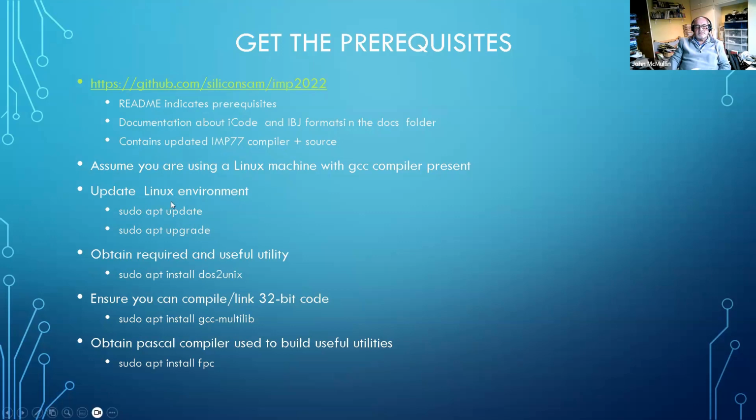If you do that, then you can make sure you update your environments. Also, you need DOS to Unix, and because it's going to be 32-bit code, make sure you've got the GCC multilib installed, as well as the FPC, the free Pascal compiler. So that's the blurb about how to get the actual compiler on your machine.